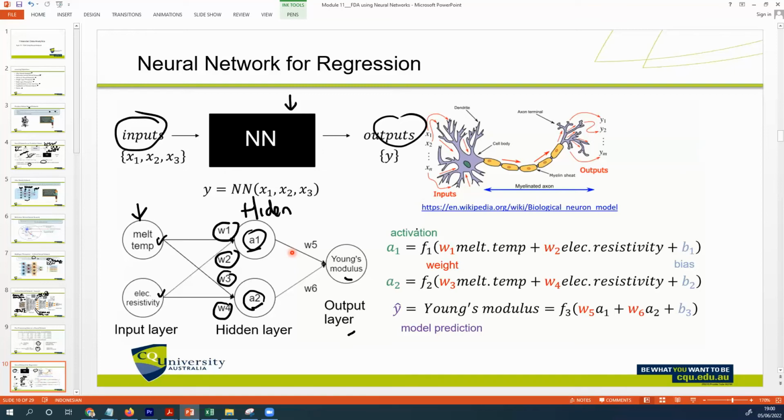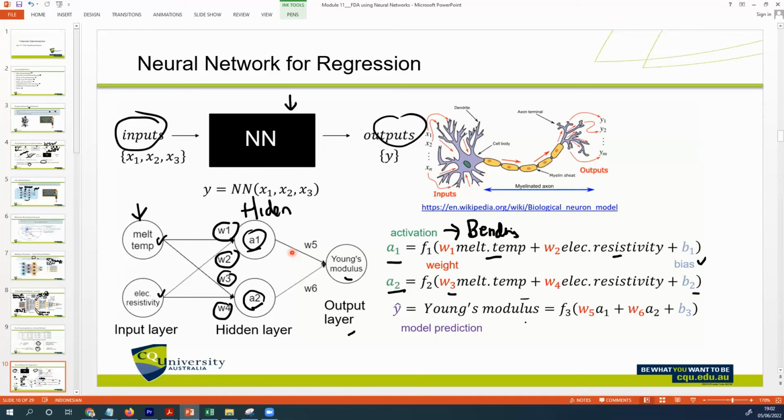So the activation, the one for the bending, A1 is equal to a function of W1 times the melt temperature plus W2 times the electric resistivity plus B1, the bias, or in regression it's the constant. And for A2, the activation function is W3 times melt temperature plus W4 times electric resistivity plus B2 as the constant.